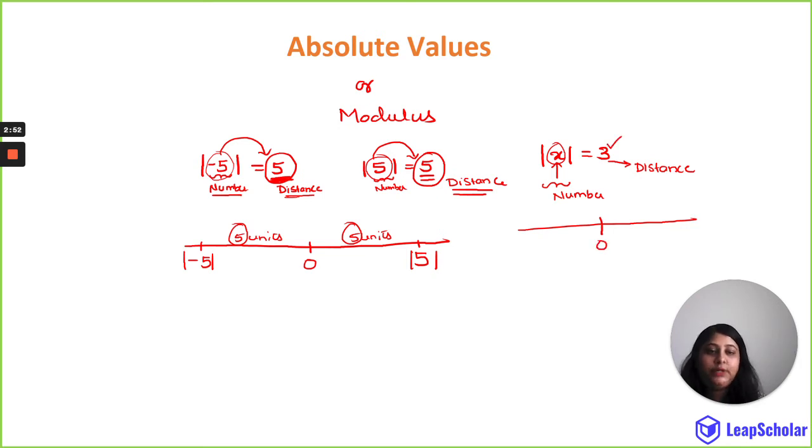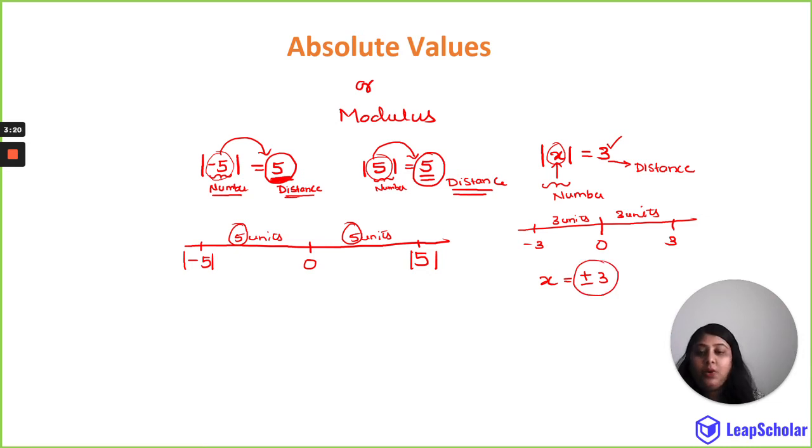Let's say 0 is here. Which numbers are 3 units away from 0? One is plus 3, and another is minus 3. So x can be plus or minus 3. These are the possible values of x.